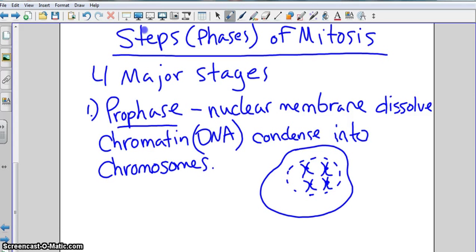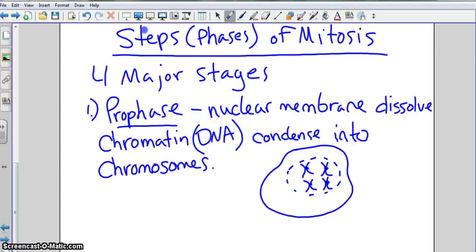Does anybody know how many chromosomes humans have? 46. Very good. So this is the first step, prophase. The nuclear envelope is disappearing. The chromosomes are starting to form.